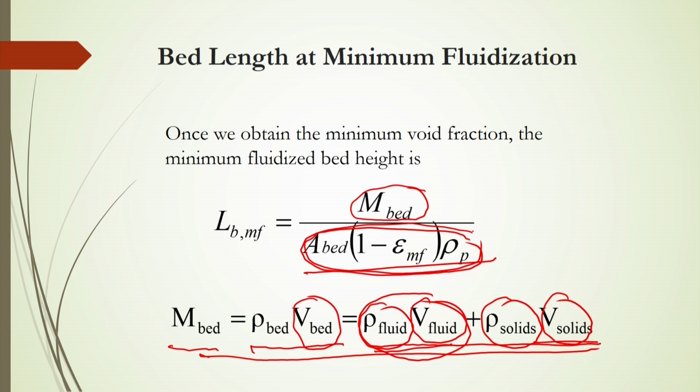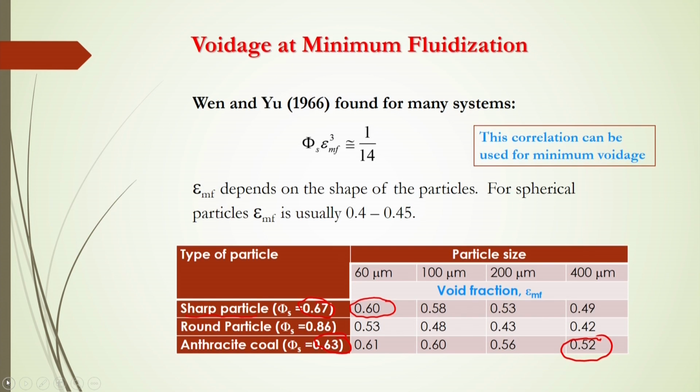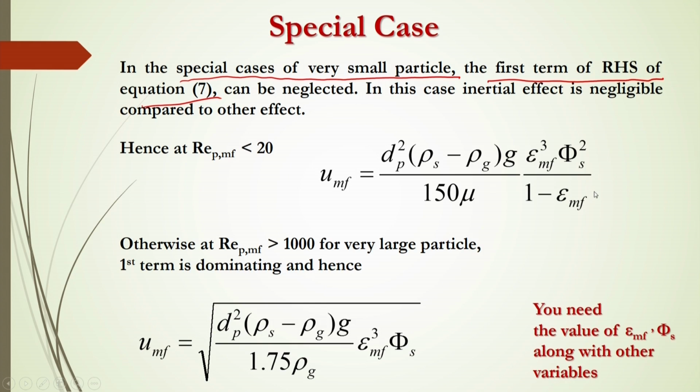Now, in the special cases, whether it is very small particles or not, you will see that for very small particles, the first term of the right hand side of equation 7, the quadratic equation of the Reynolds number to get the minimum fluidization, can be neglected.